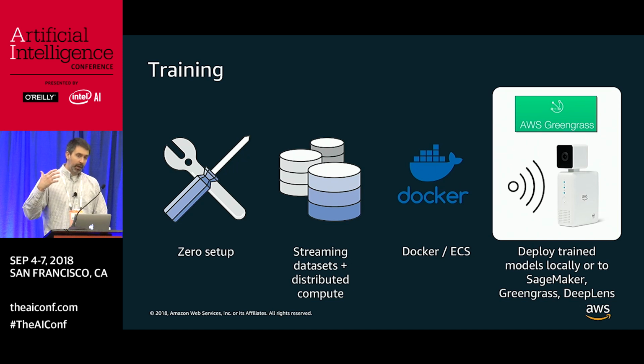Everything is based on Docker, and that integrates naturally with ECS and ECR. So I talked about algorithms and frameworks and the bring your own container option. All those three things are just Docker containers, and they're different flavors and variants of how we use Docker to publish that. So it's a standard most people are used to using already, is how SageMaker works.